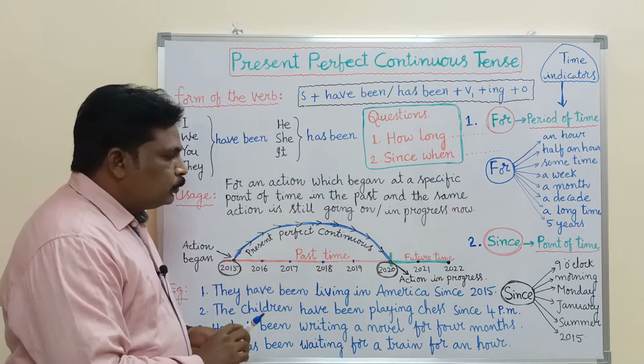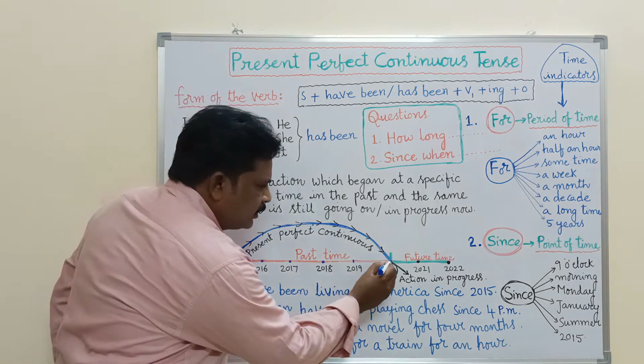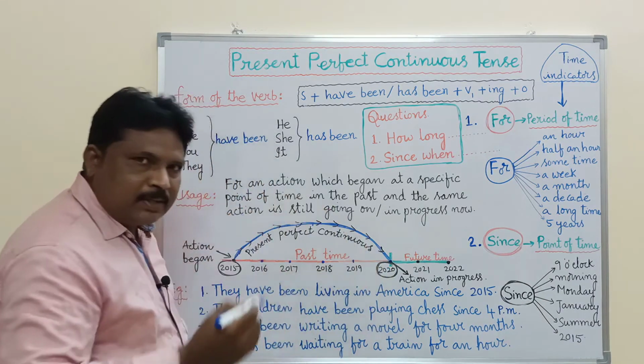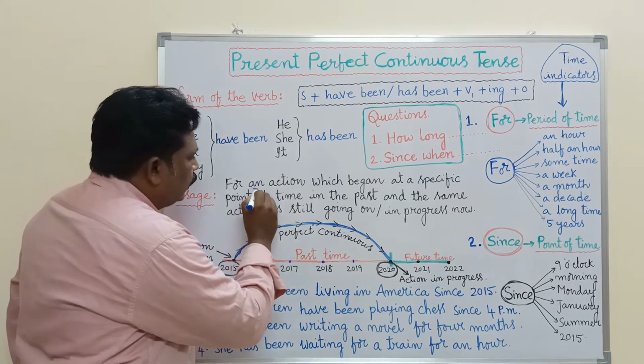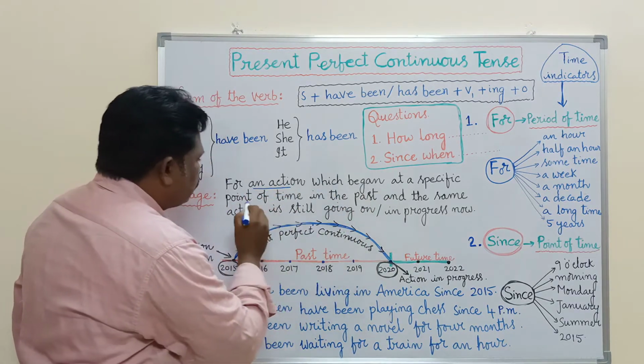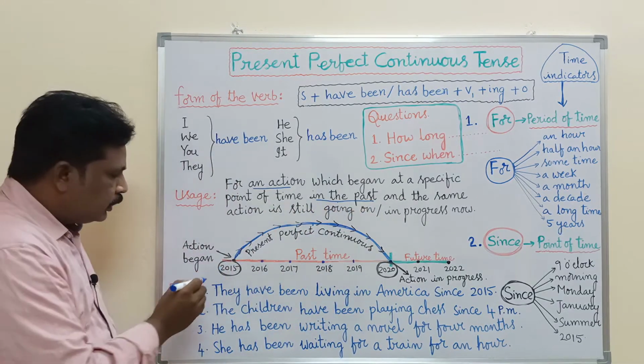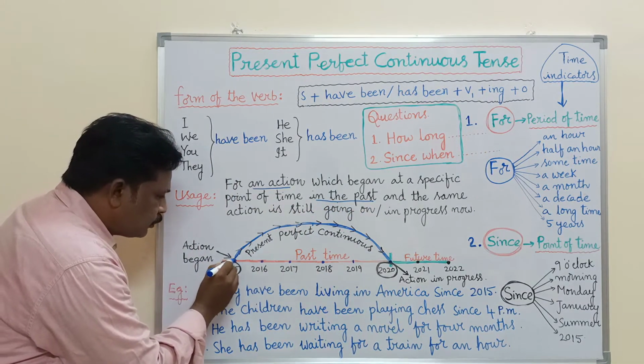Now come to the present time. This is 2020 where we are now. Imagine an action which began at a specific point of time in the past. Imagine an action began in the year 2015.